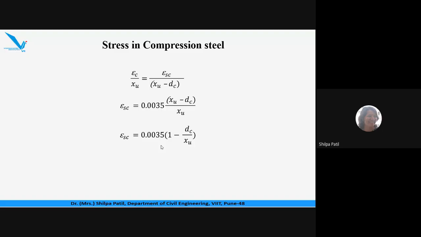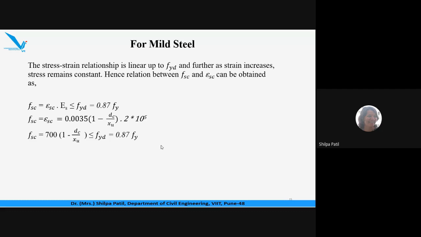By making use of this relation, we can easily find out fsc. For mild steel, the stress strain relationship is linear up to fyd, that is up to the yield strength, and further, as the strain increases, the stress remains constant. Hence, the relation between fsc and epsilon sc can be obtained by using this concept.